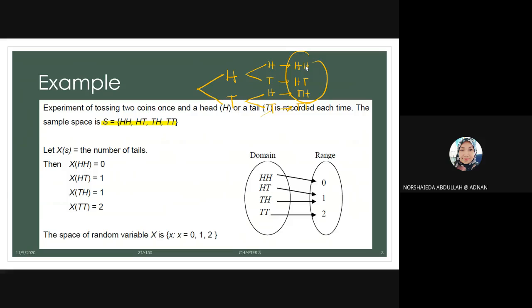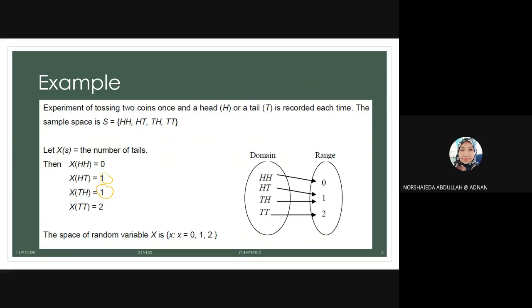Okay, so let's say in this case the random variable that we want to consider is x. So x is the number of tail. We want to study the number of tail. In this experiment, the number of tail that we could get is either 0 tail. If you get both head, that means it's 0 tail, right? And then 1 tail, HT, 1 tail, or 2 tail.